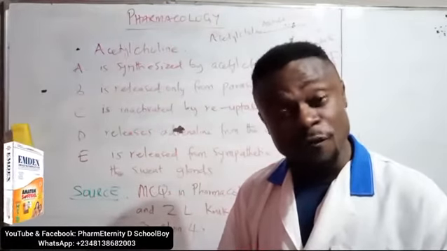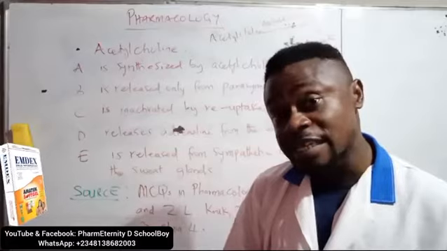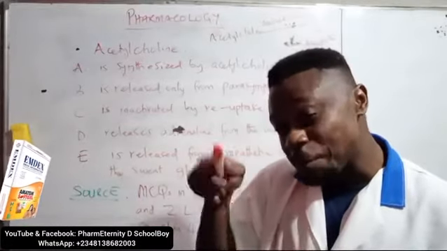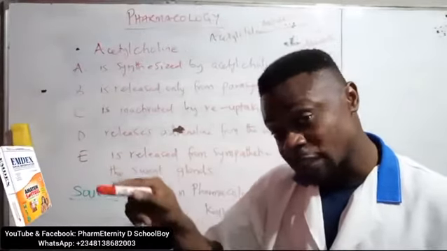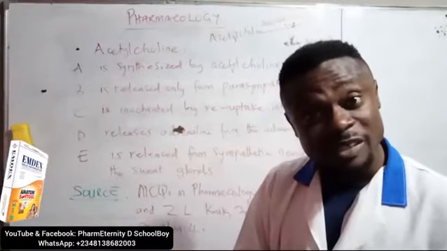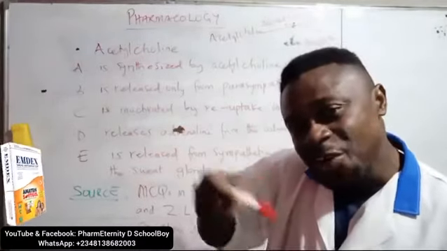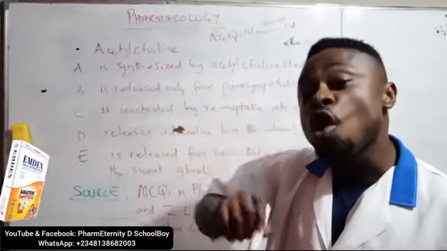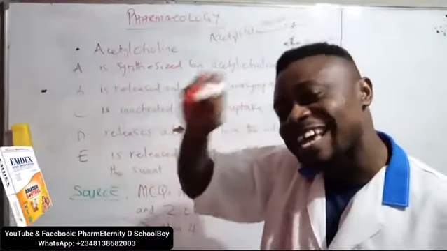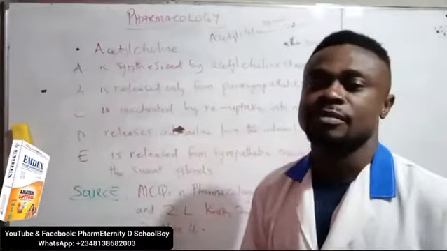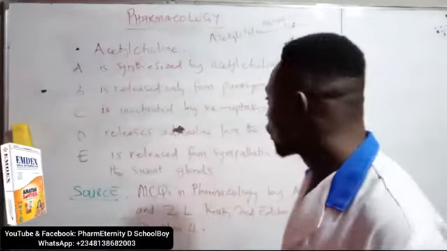I've listed three extras: from the postganglionic sympathetic nerves to the sweat gland, from the central nervous system, and from the preganglionic nerve to all the autonomic ganglia.